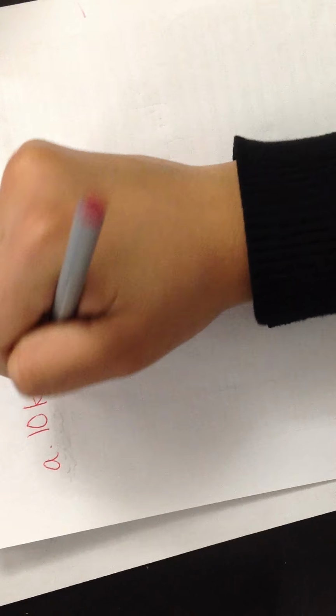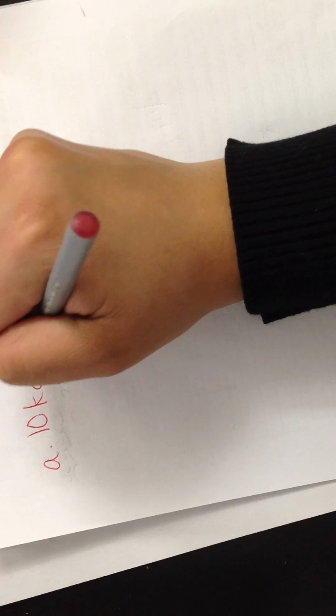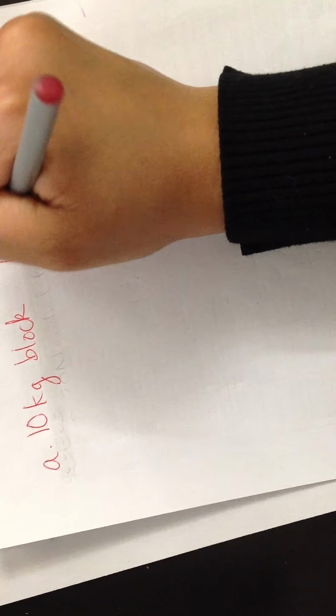So let's say you have an object, a 10 kilogram object or car, let's say block. Okay, and you're applying 100 newtons of force to it, and that causes it to stop in 5 seconds.